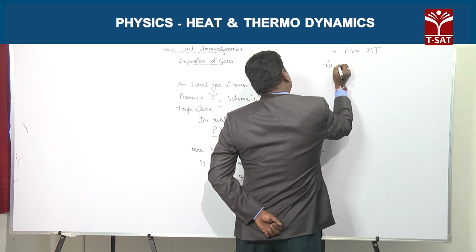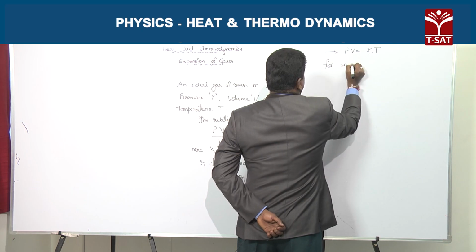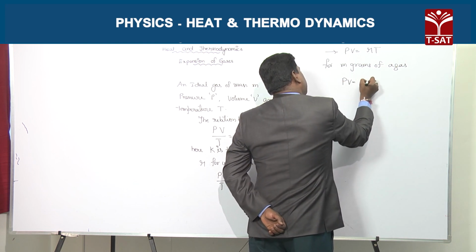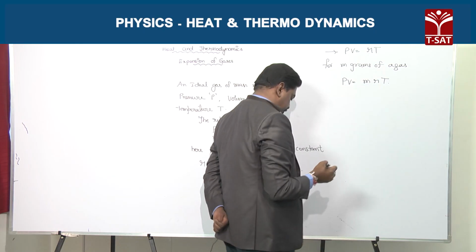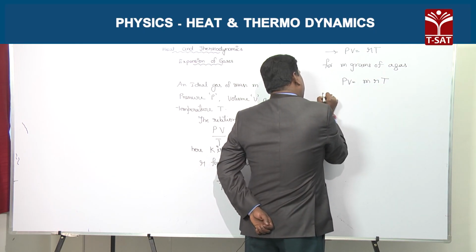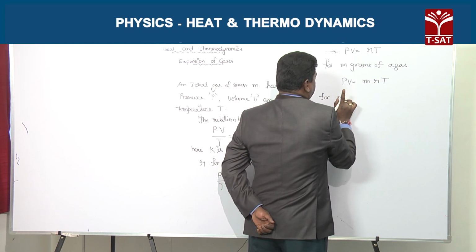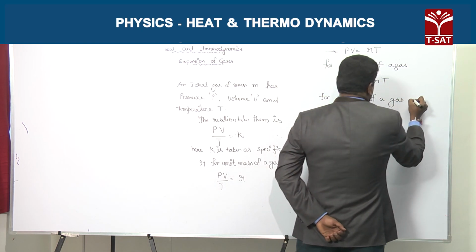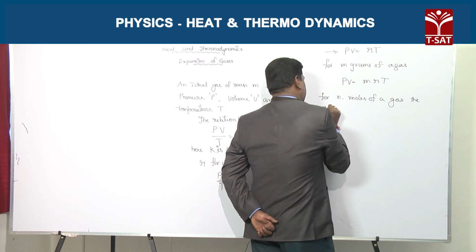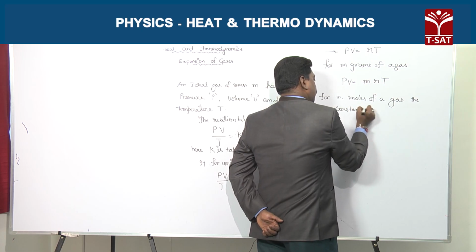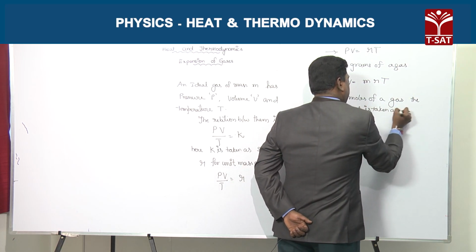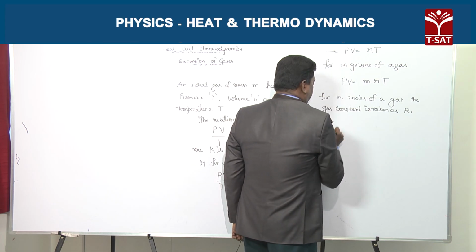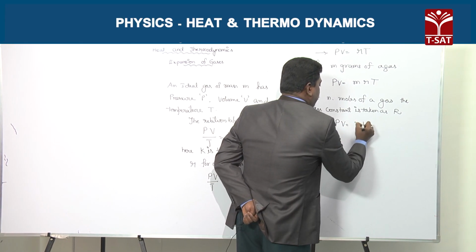For m grams of a gas, PV equals to mrT. For n moles of a gas, the gas constant is taken as capital R, which is called universal gas constant, and is given as PV equals to nRT.